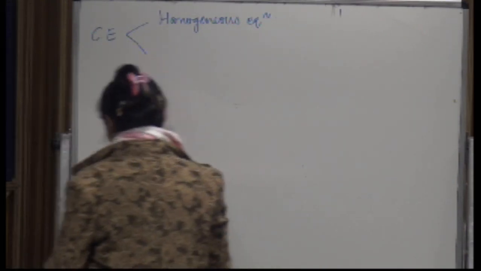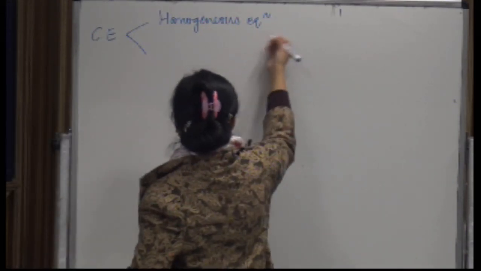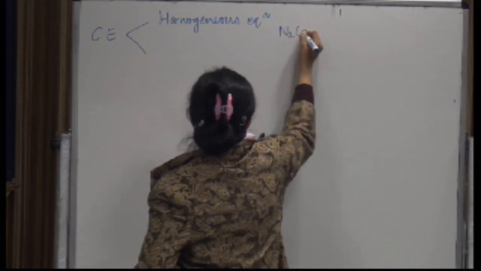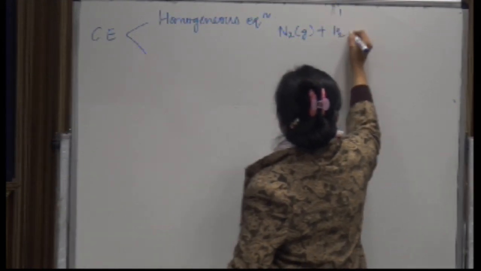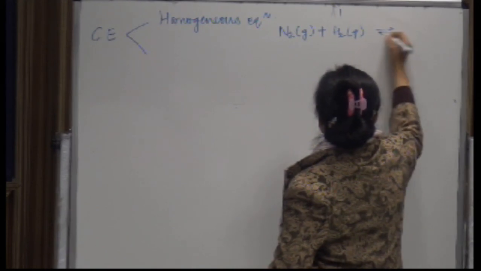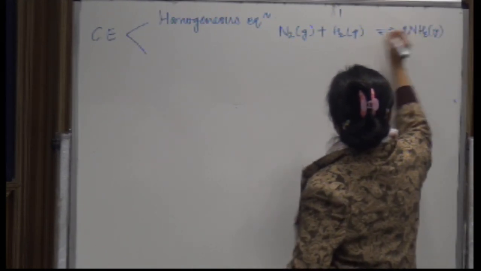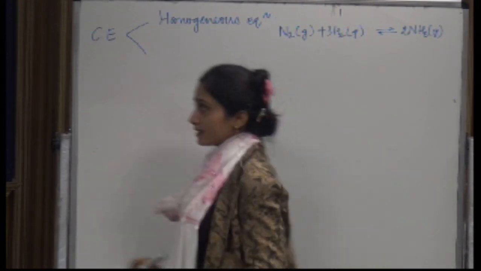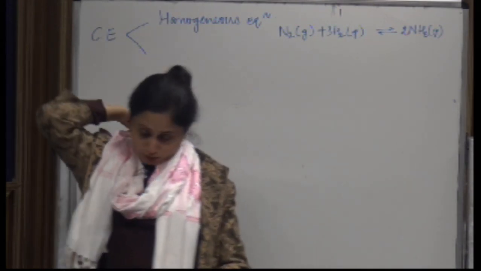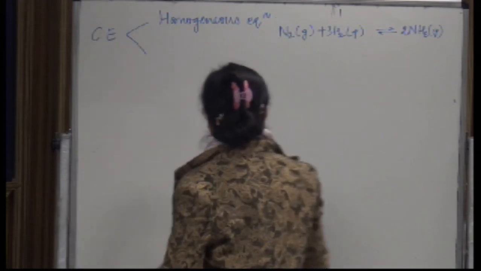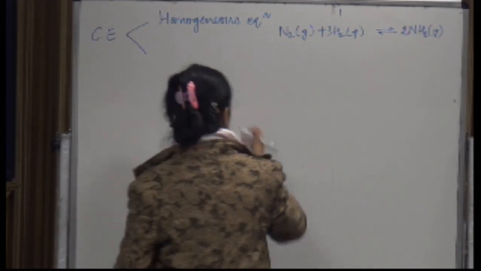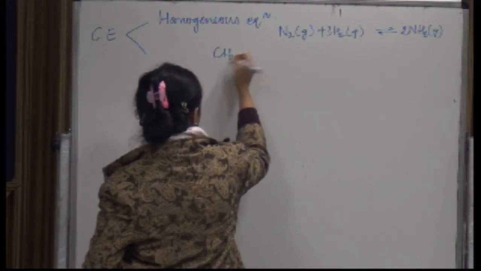I can just give you an example for that. The case of ammonia was an example where you have the N2 in the gaseous form, H2 also in the gaseous form, and it was forming your ammonia, which was again a gas. So this is an example of the homogeneous equilibrium. You can have another equilibrium where you have all the states in the liquid form.